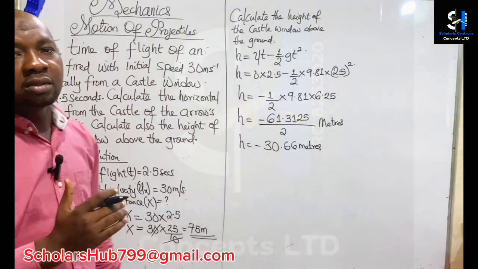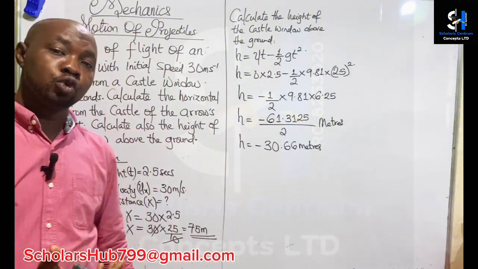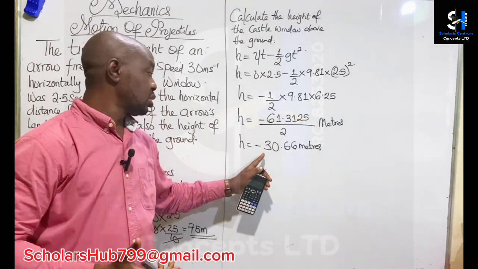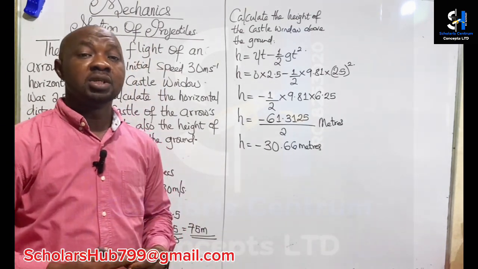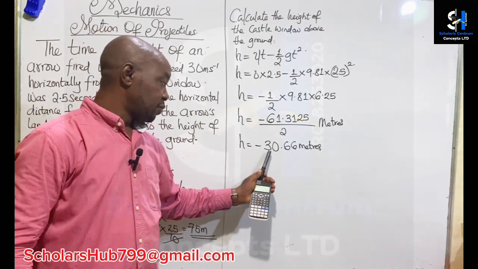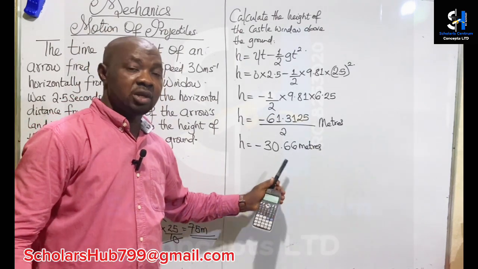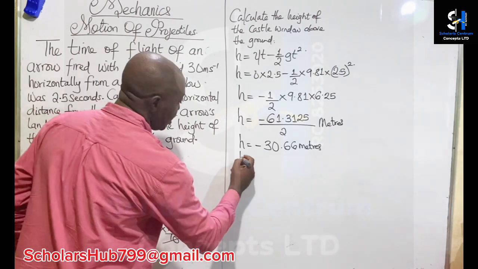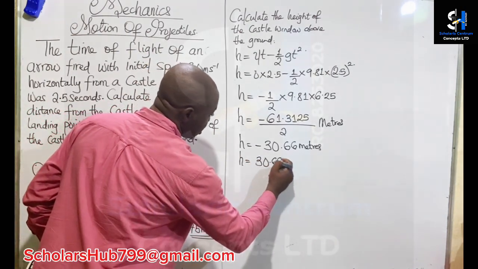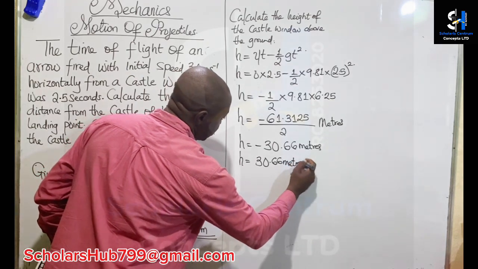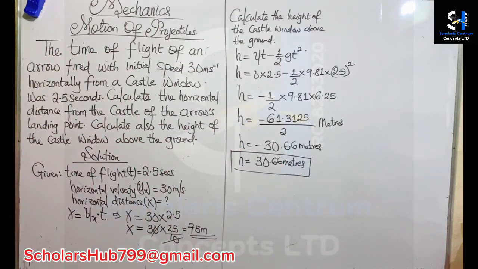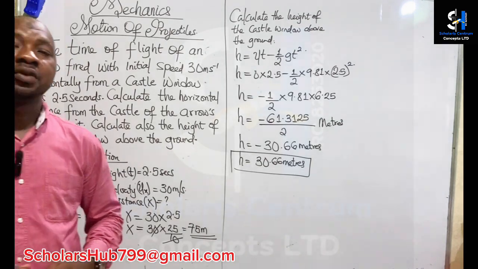Because height must be positive, we neglect the minus sign and take the absolute value of minus 30.66. So h equals 30.66 meters, and this is the height of the castle window above the ground.